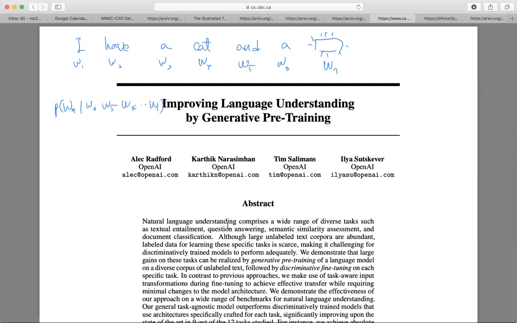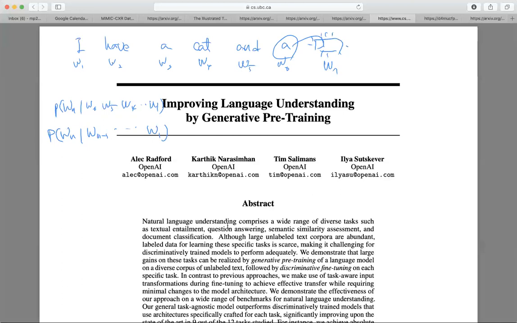And you can generalize this: Wn given Wn minus 1 all the way to W1. So that's language modeling. If you're using bigram, then you're limiting the span to just the previous word, which is a very hard task. There are a million things that can come after.